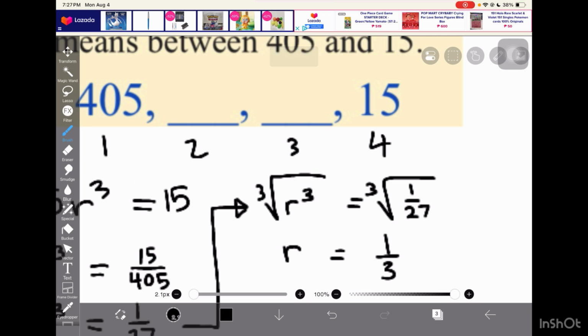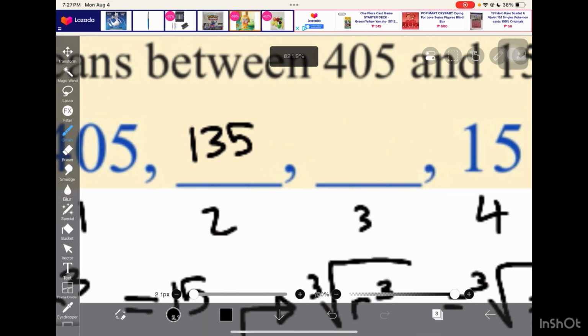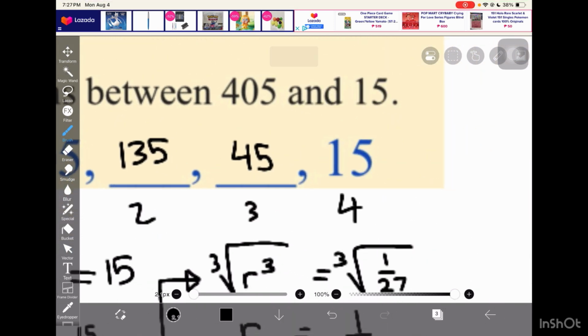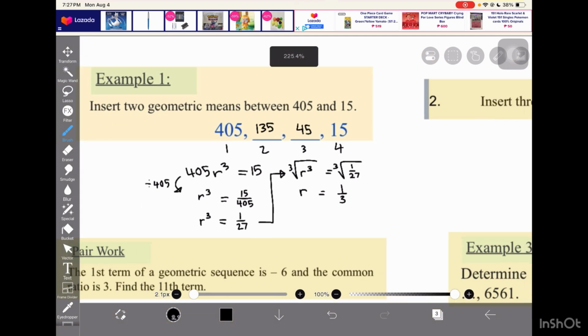So 405 times 1/3 is 135, and divide that by 3 again, it's 45. And to confirm that our answer is correct, 45 divided by 3, or 45 times 1 over 3, is once again 15, which means these are our two geometric means.